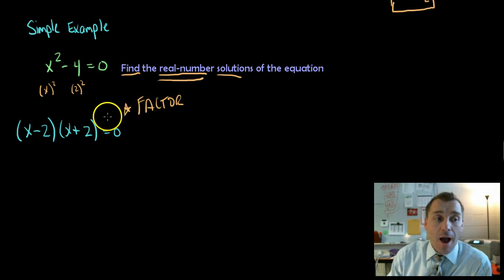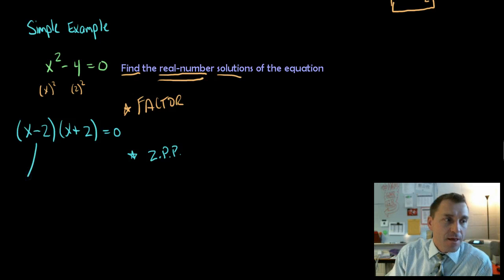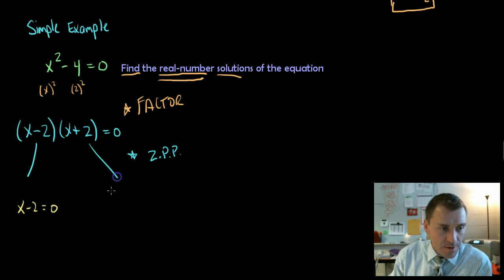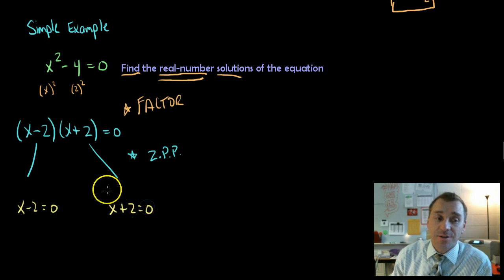What do I do now? Well, since it's asking you to solve and find the real solutions, I must now do the ZPP. Yeah, you know me. So I'm going to take this thing and make it equal to 0, so x minus 2 equals 0. And I'm going to take this thing and set it equal to 0 and go x plus 2 equals 0, and then just simply solve these two little equations.